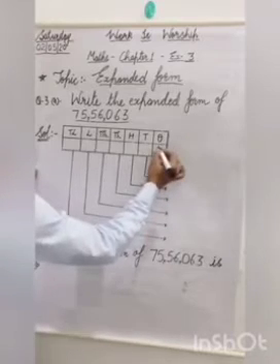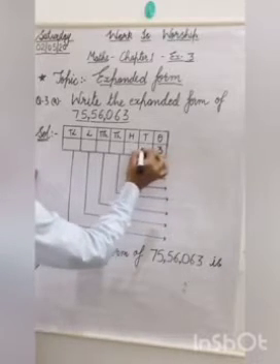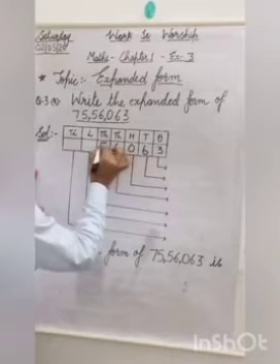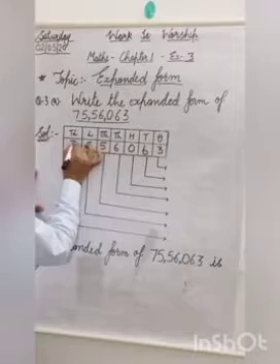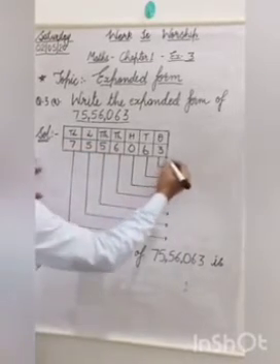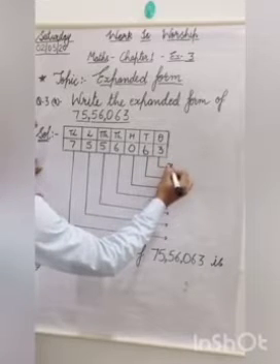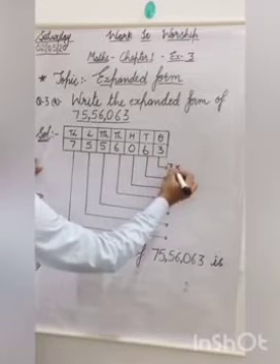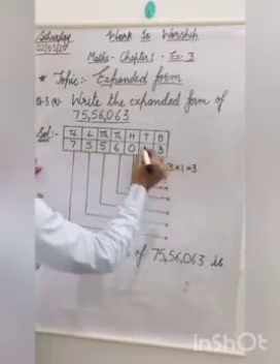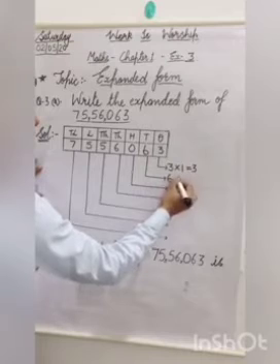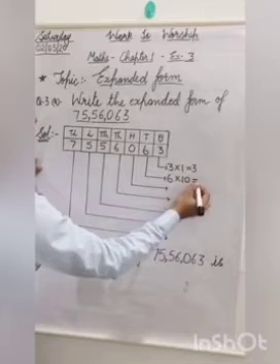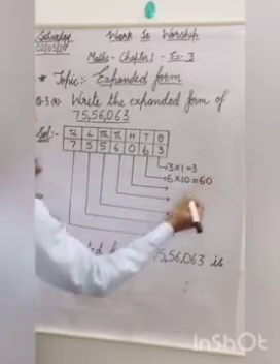Okay, so first one is 3, 6, 0, 6, 5, 5 and 7. Now let us find the place value. First digit is 3 and it occupies ones place, so 3 into 1 is 3. Second, 6 into 10, because it occupies tens place, so 6 into 10 is 60.